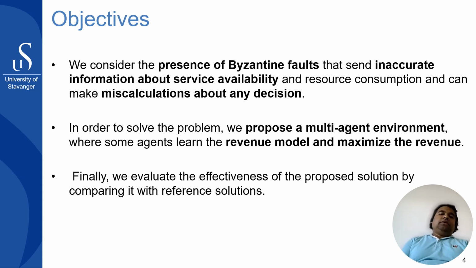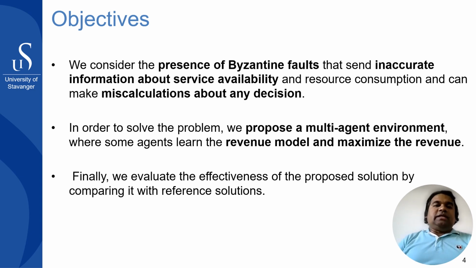So, our objectives. So we will consider the presence of Byzantine faults. Basically, they send the inaccurate information about service availability and resource consumption, and also they can make miscalculations about any decisions. So those are really harmful. So in order to solve that problem, we basically will consider or propose a method based on a multi-agent environment.